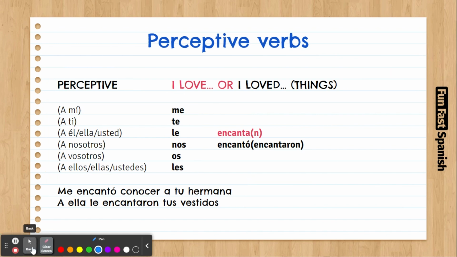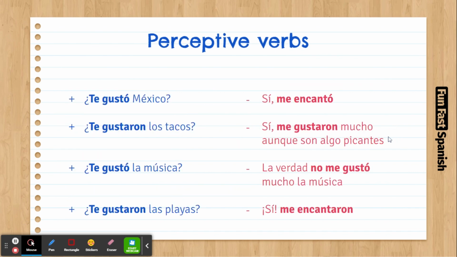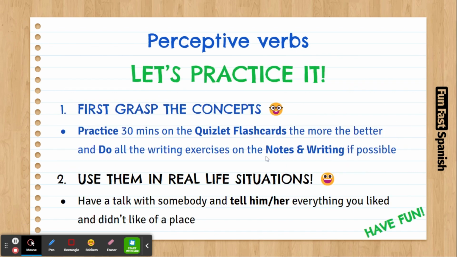And one more thing. To practice this easily, first of all, practice with our flashcards and Quizlet. Do the writing exercises if that helps you learn, and talk with somebody and tell him or her everything you liked and didn't like about a place.